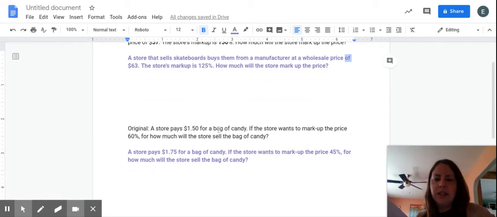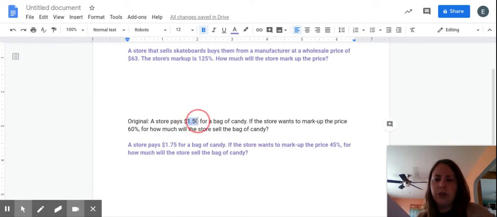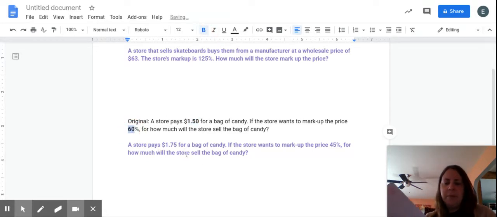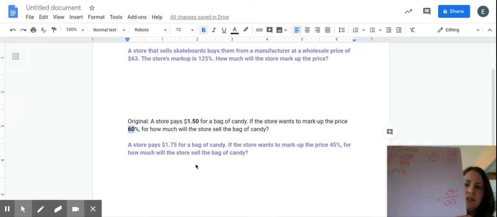So you can see the numbers you're going to use in your problem are 150 and 60%. In mine, a store pays $175 for a bag of candy. If the store wants to mark up the price 45%, for how much will the store sell the bag of candy? Okay, 45 is going to go over the 100 because it's 45%. In your problem, the 60 would go over the 100.